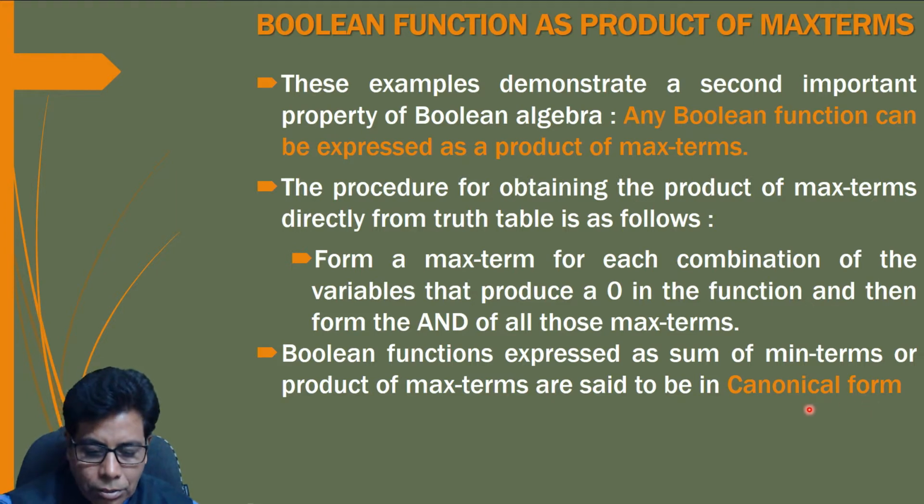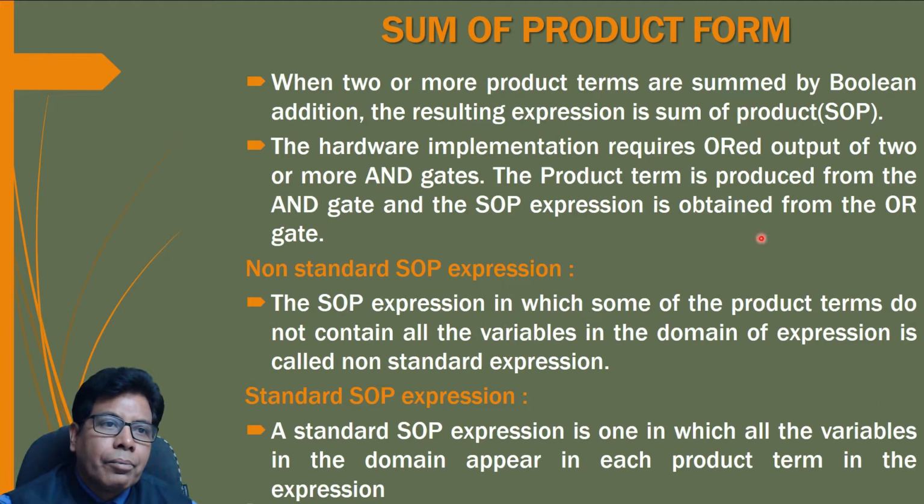We'll see the canonical form again. So here is the sum of products form. When two or more product terms are summed by Boolean addition, the resulting expression is the sum of products, or we call it SOP.